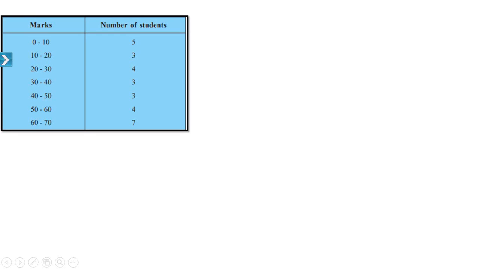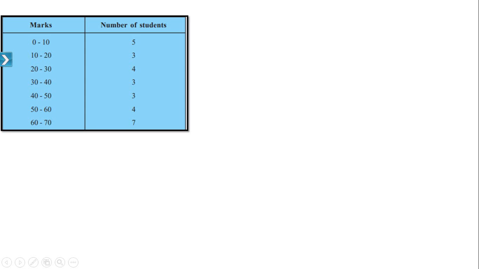Now, look at this frequency distribution table. Observe the difference between the previous table we have seen and this table. This is a frequency distribution table because here class intervals are given with their corresponding frequencies. If the class intervals are given and the numbers in the next column are frequencies, not cumulative frequencies, these are the frequencies, and here these are the class intervals.